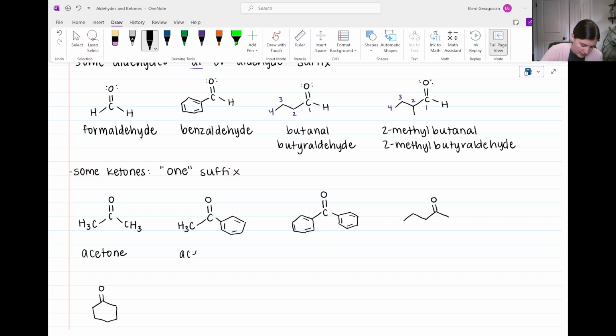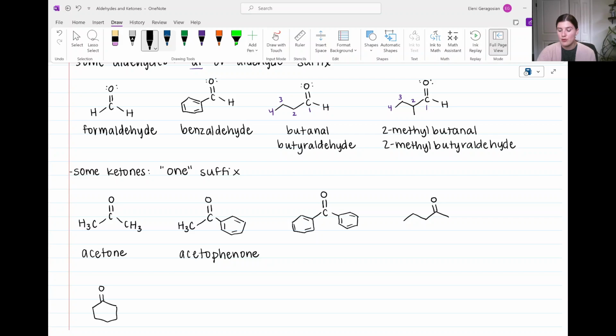So we have aceto, phen for the phenyl, and then one for the ketone. Acetophenone. We have an acetyl group, a phenyl ring, and it's a ketone. So that's what each of those parts of the name mean.